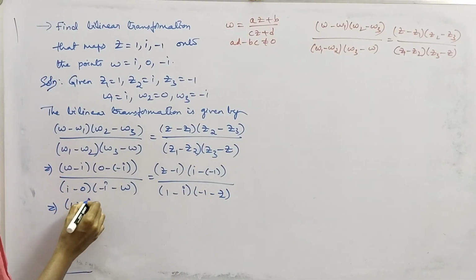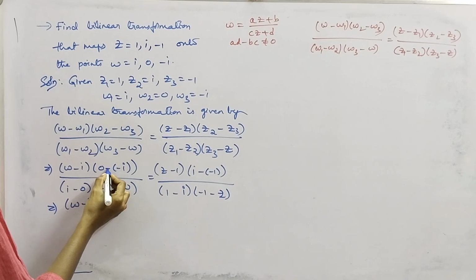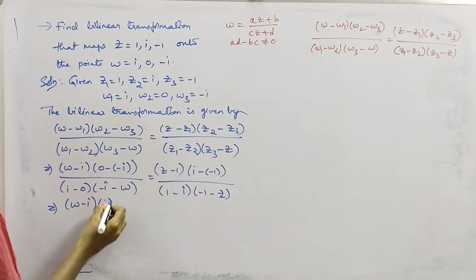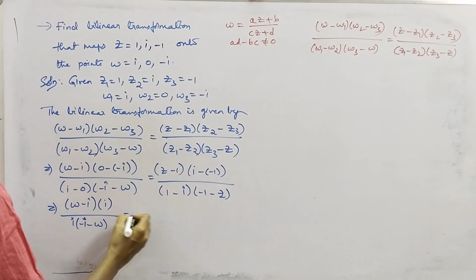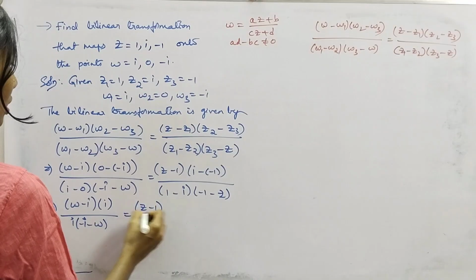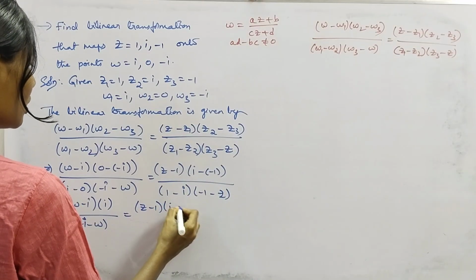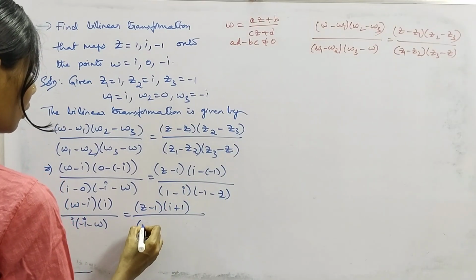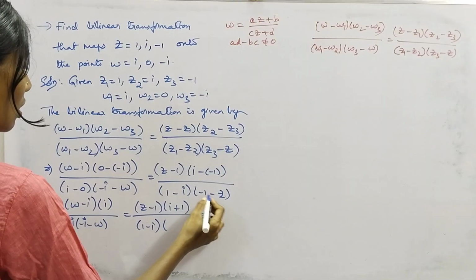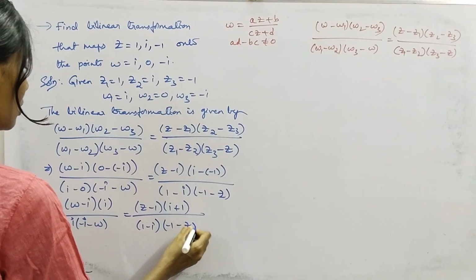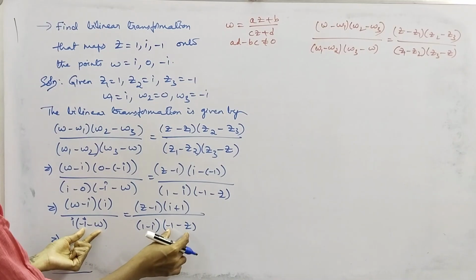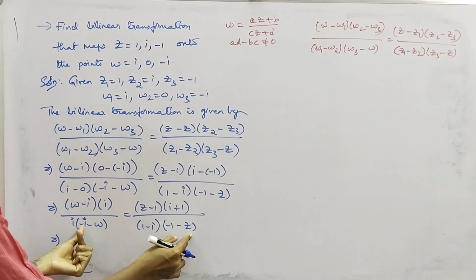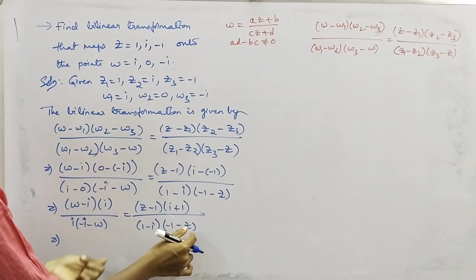You get omega minus i into 0 minus into minus, plus i, will just get i by i minus 0 is i into minus i minus omega equal to z minus 1 into i minus into minus, plus 1 by 1 minus i into minus 1 minus z. Okay, see, you can take minus common from these two terms and from these two terms, right? Since you're having minus i minus omega, minus 1 minus z.